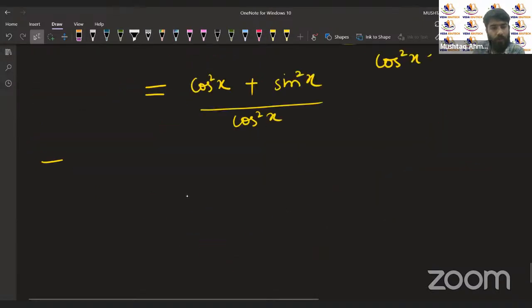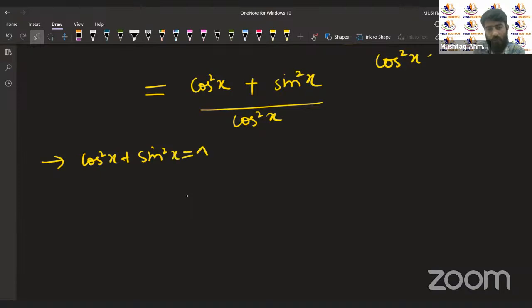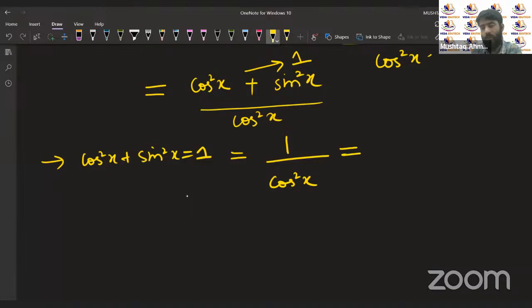We know that cos square x plus sin square x is nothing but 1. So the numerator will go to 1. We'll be left with 1 upon cos square x. So 1 upon cos square x, 1 upon cos x is sec x.